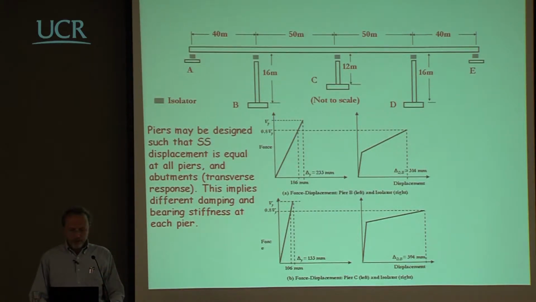So if you do a model like this, you have only maybe 5 nonlinear elements with a bilinear response, which is certainly not a complex model to be prepared and to be run with any sort of time history that you want to use. So this is essentially the basics of the isolation of a bridge.